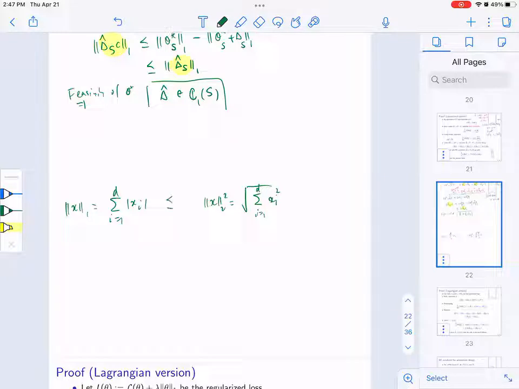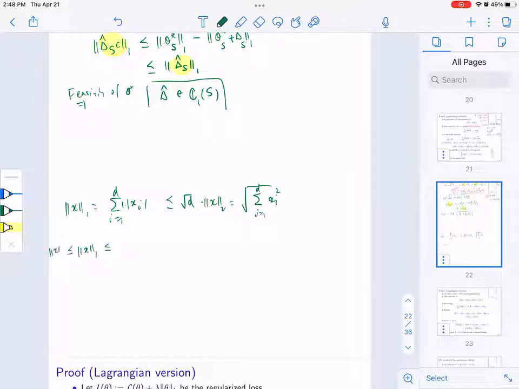So what is the relation here? You can use Cauchy-Schwarz. It's like 1 times this. If I do Cauchy-Schwarz, I get root d times that. Okay, so in general, the L1 norm is bounded.